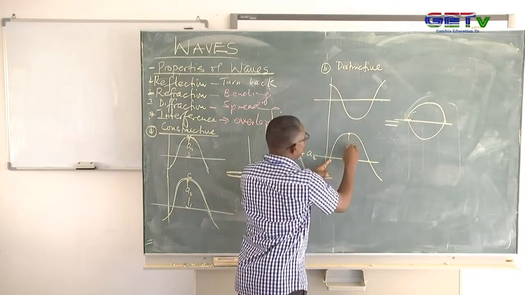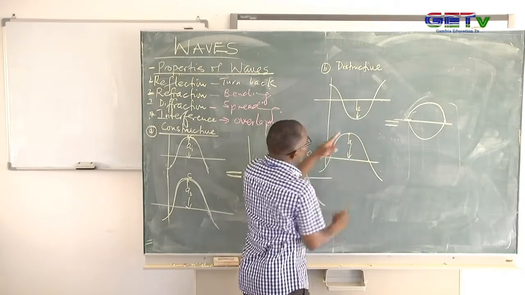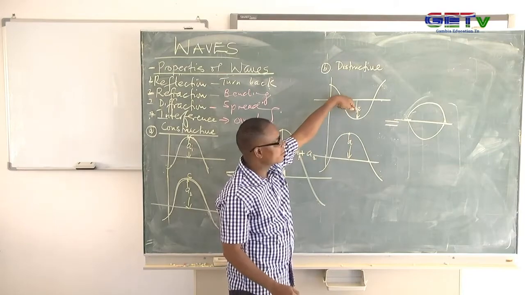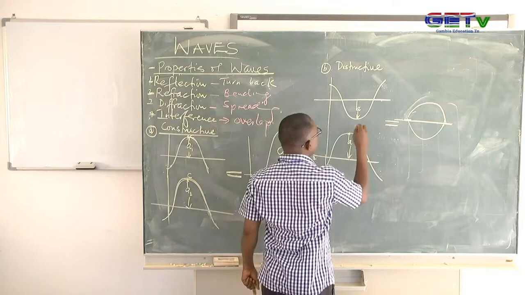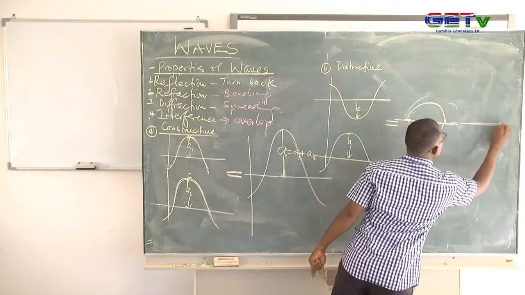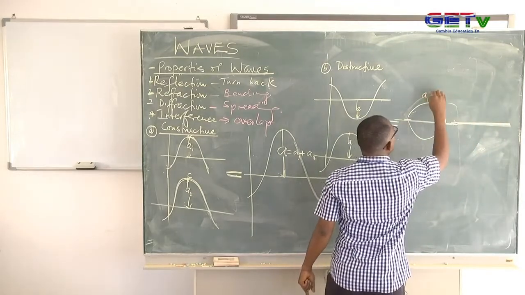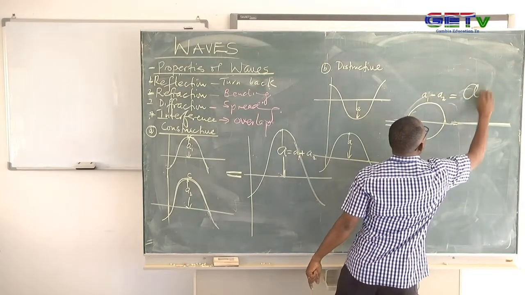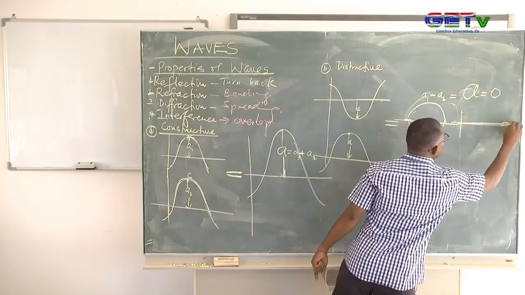The effect of this amplitude and this amplitude: amplitude can be in the positive direction and the negative direction. When the two waves interfere, they cancel each other's effect. The resultant is going to be a plane wave. What happened here is that A1 cancelled A2, and what resulted was an amplitude of 0. So the resulting wave has zero amplitude.